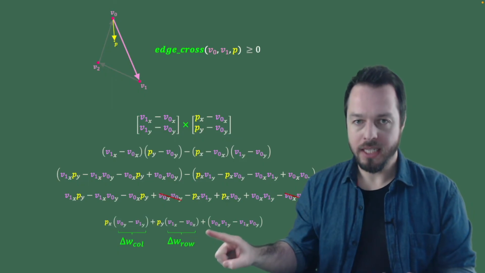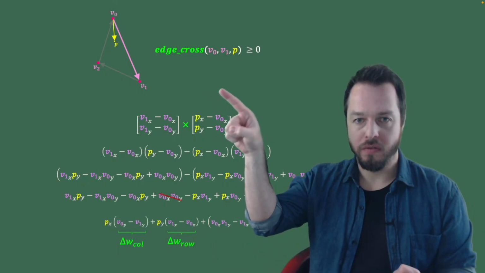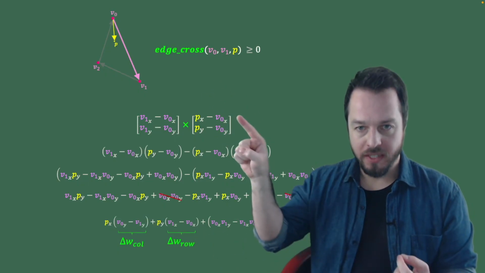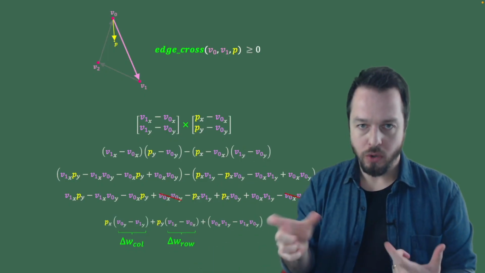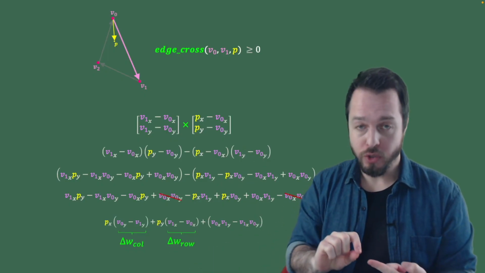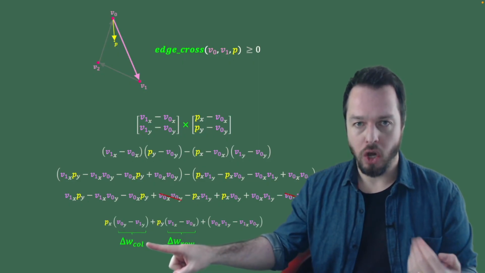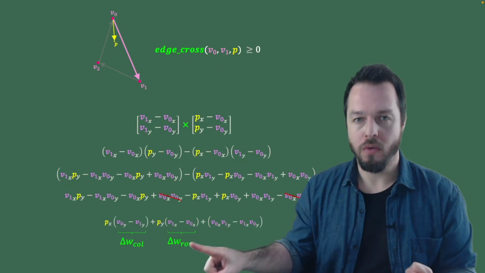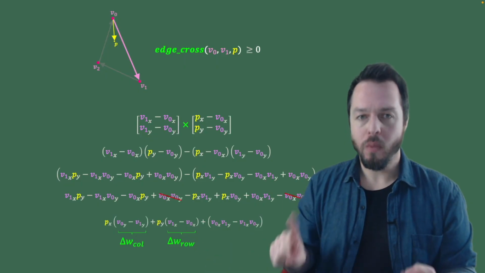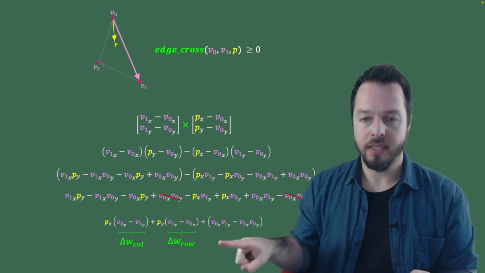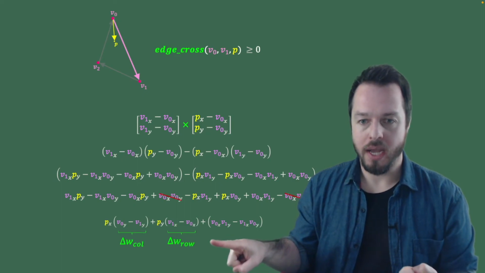This thing right here is for that edge, right? So from v0 to v1. From v0 to v1, the delta that we're going to use, the difference of w's that we're going to just increment every time, this is going to be x by x, column by column, and this is the delta y row by row.